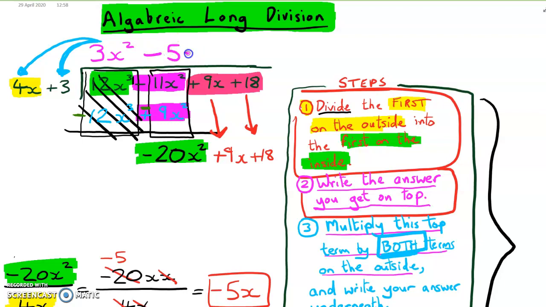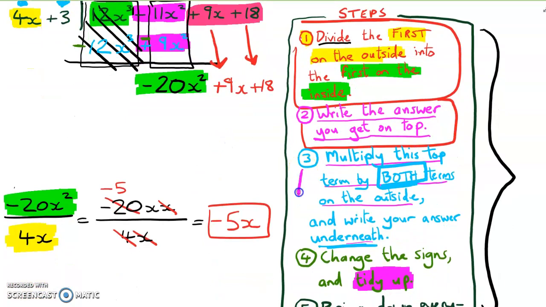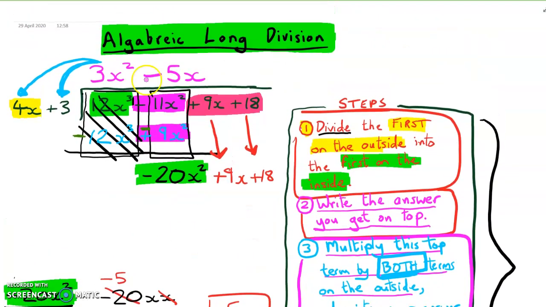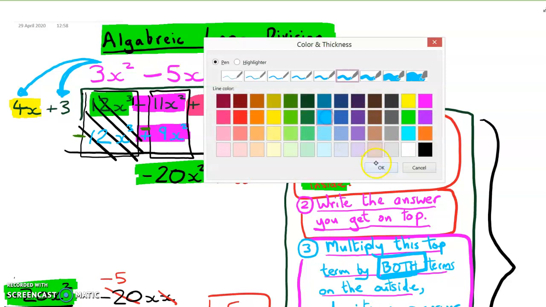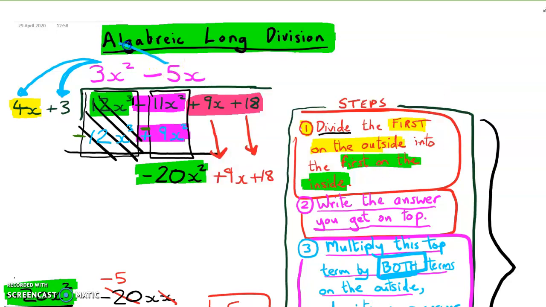Minus 5x. Okay. Now I've got to multiply this by both of the terms on the outside. So I need to multiply it by this, and then I need to multiply it by this. Just like I did with the 3x squared earlier on. Okay?